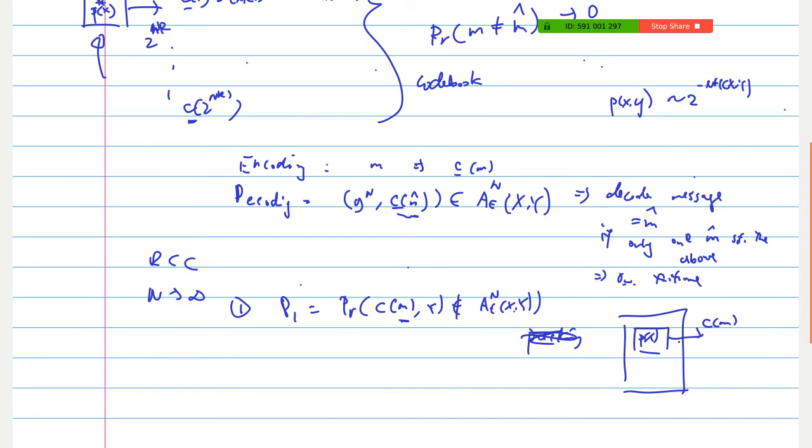And then this one, maybe I better redraw this. You have PX or PX star. They produce a CM here. And then this goes through PY given X, right?